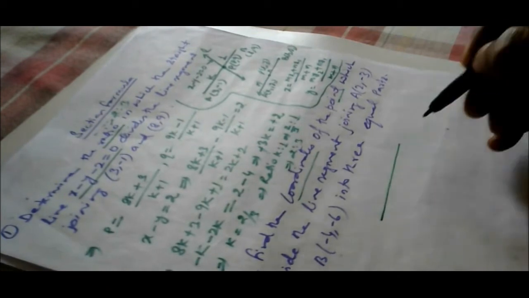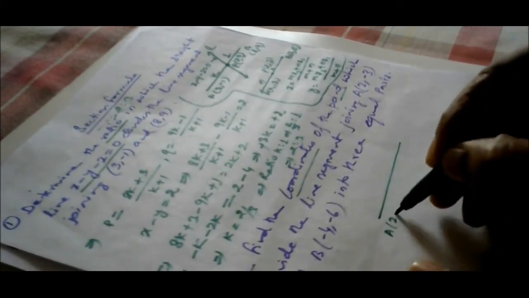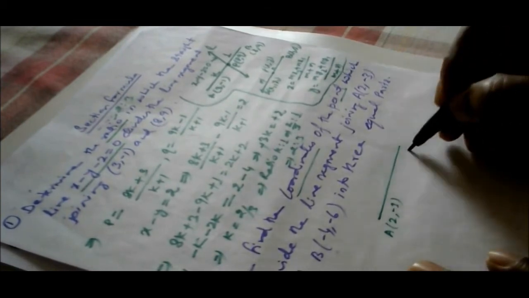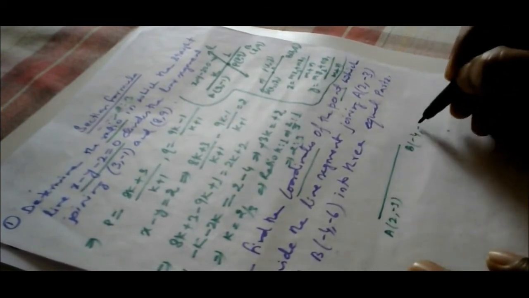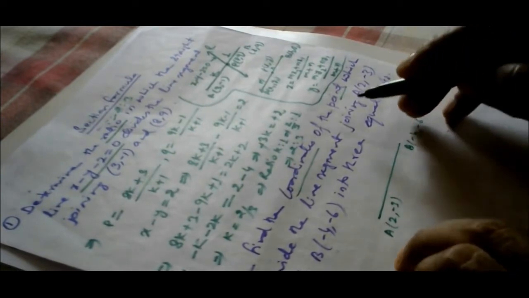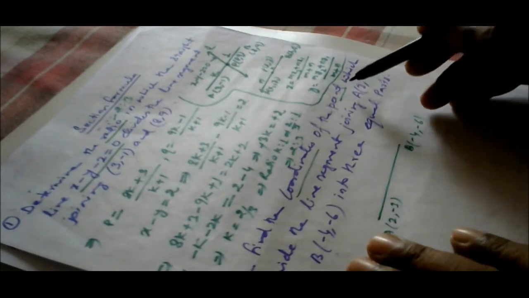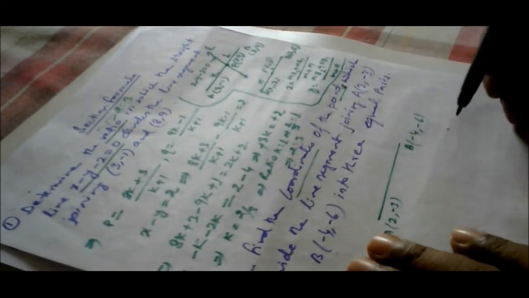Suppose the line segment has A as 2 and minus 3, and B as minus 4 and minus 6. And the coordinates of the points will be there like this.